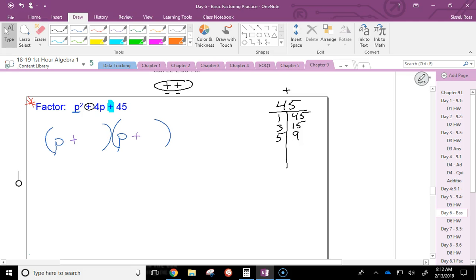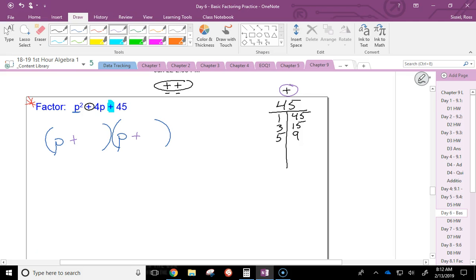Because C is positive, when I list my factors, I'm going to look to add the 2. Well, those are all the factors of 45. What was the problem we ran into? None of them equal 4. None of them. 5 and 9 is what some people want to use because the absolute value was 4. And so they were trying to say plus 5 minus 9 or plus 9 minus 5.